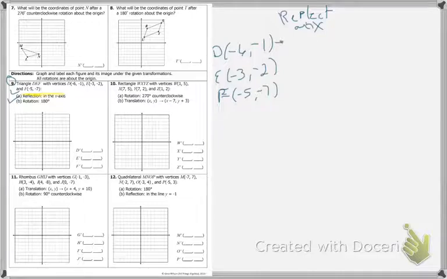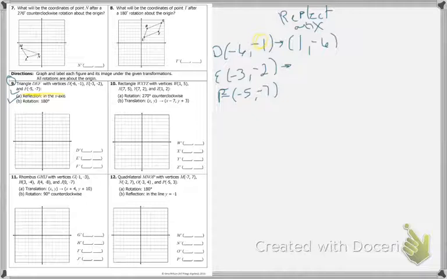When we reflect on x, what we do is we change the y, and then we flip them. So -1 here becomes +1, and that becomes the new x, and then the -6, which was the old x, becomes the y.